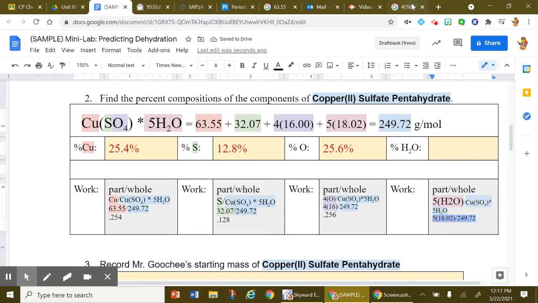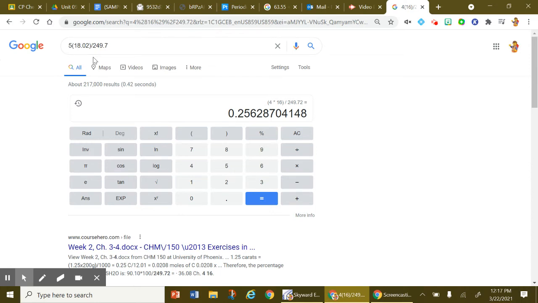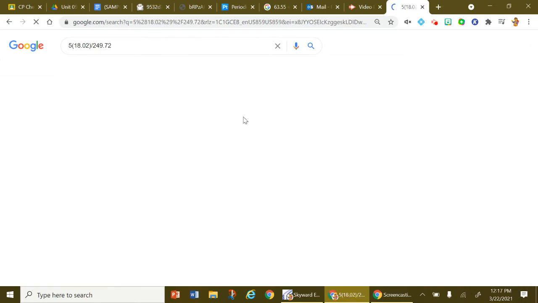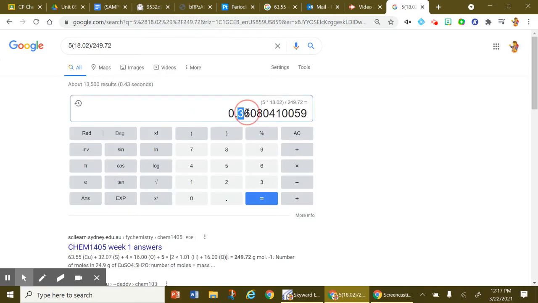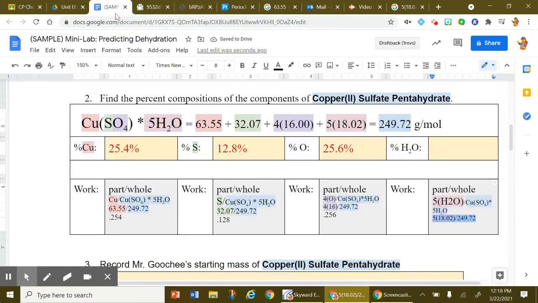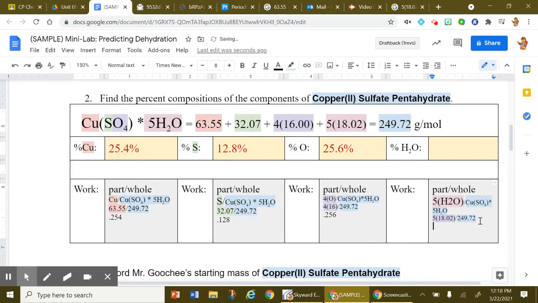What do we get? 0.3608. So 0.361, which as a percentage is 36.1% H2O. So this substance is 36.1% H2O.